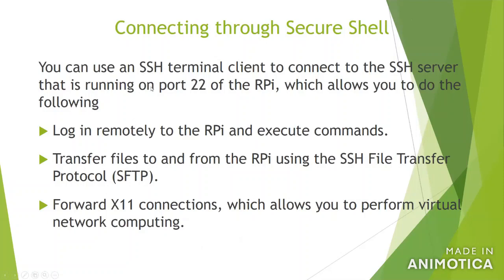That's the SSH. Okay, so you can use an SSH terminal client to connect to the SSH server that is running on port 22 of the Raspberry Pi. So Raspberry Pi actually has an SSH server, but like I've said, by default, the SSH server is disabled on Raspberry Pi. Okay, so before you can make an SSH connection to Raspberry Pi, you have to make sure that SSH is enabled.